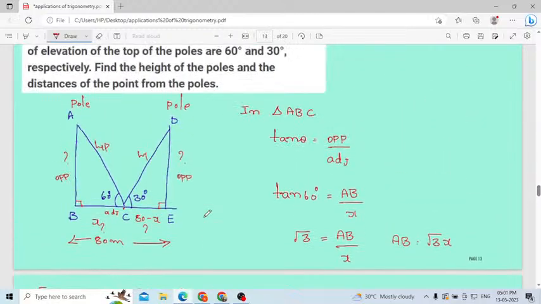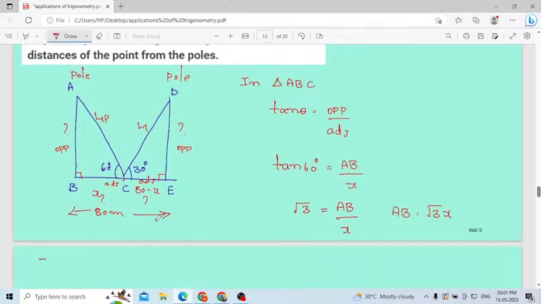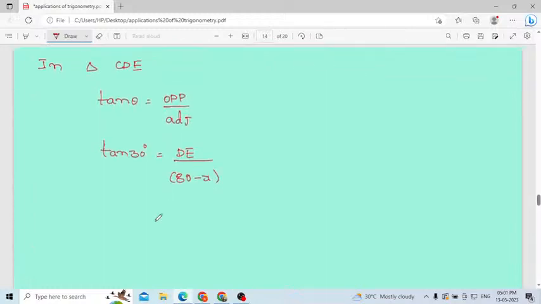See here, I am considering the triangle DCE. Tan 30 degrees will be opposite, we don't know, write it as DE. Then adjacent is 80 minus x, that one I wrote, okay.